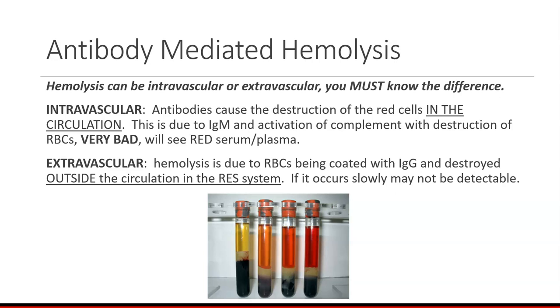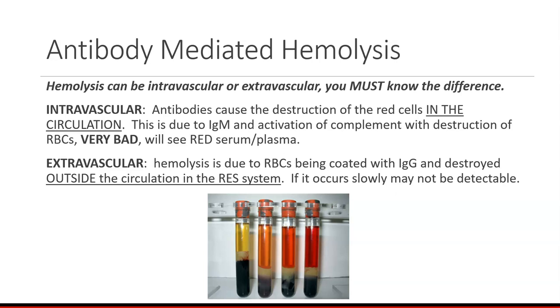And the picture on the bottom illustrates the different degrees of hemolysis. As a blood banker, if I spin my sample down and it's a patient who's been recently transfused and I see red, then I'm going to move into high gear because we need to determine what is the cause of the hemolysis.